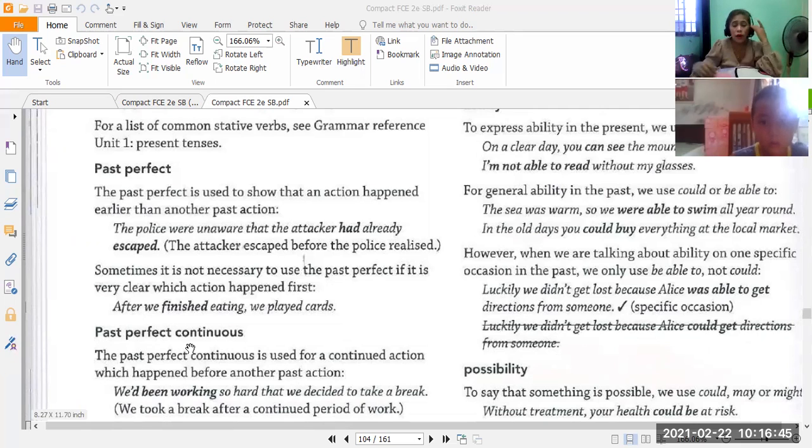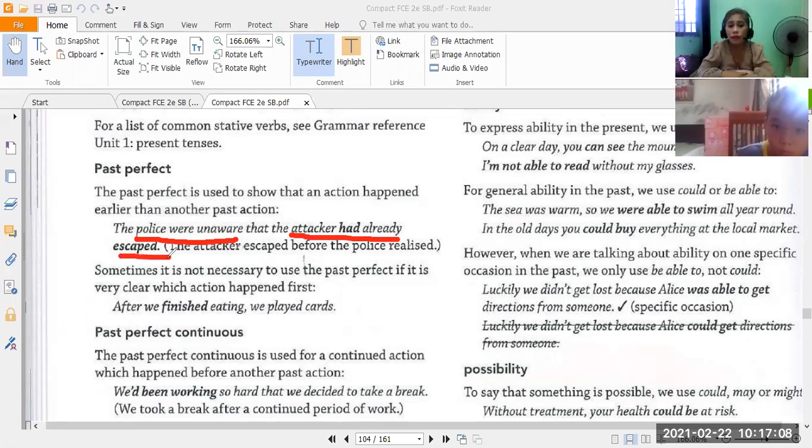Okay, so look at this one. There is the first action here. The police were unaware. That's the first action. The second action, that the attacker had already escaped.